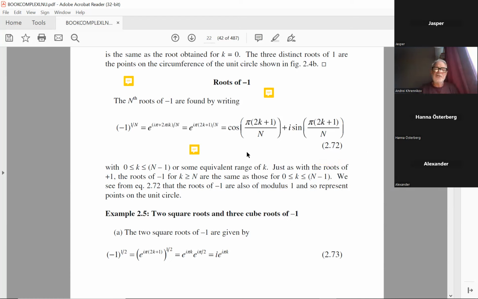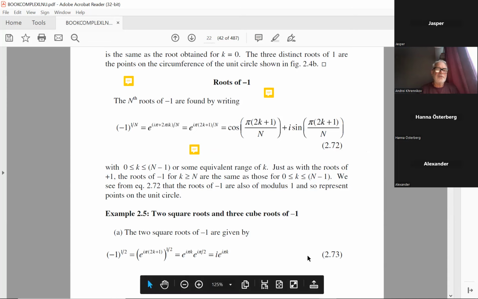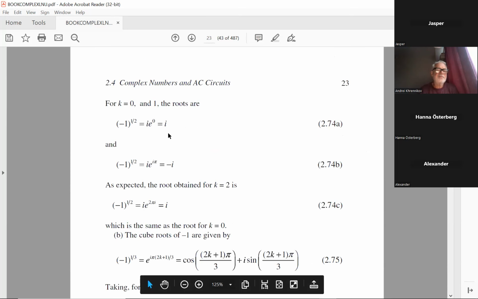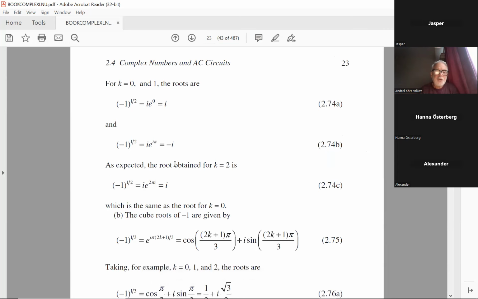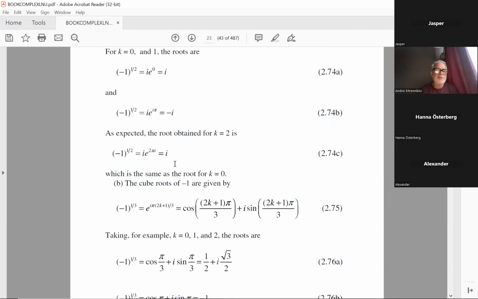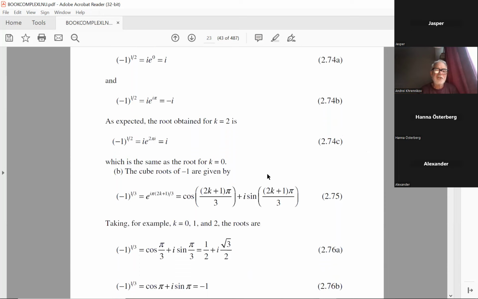And then it's also a good example. Consider, for example, square roots of -1 by this formula. So this is this, and then we get I and minus I, as expected. Now cubic roots of -1. Again, this general formula, and here is 3.